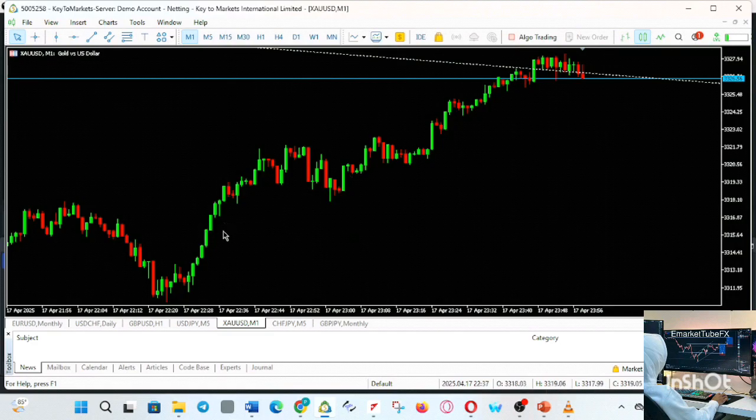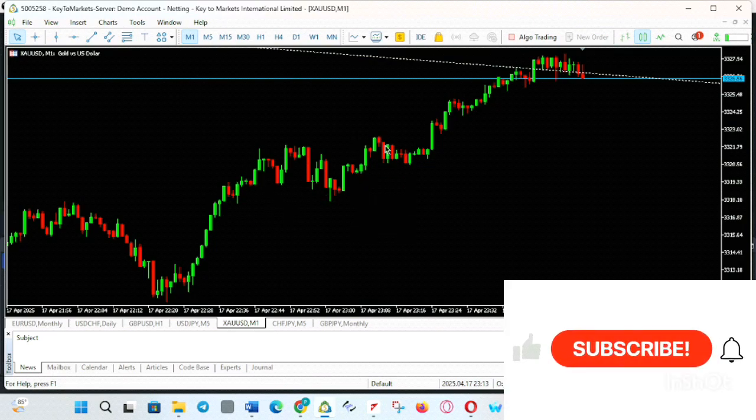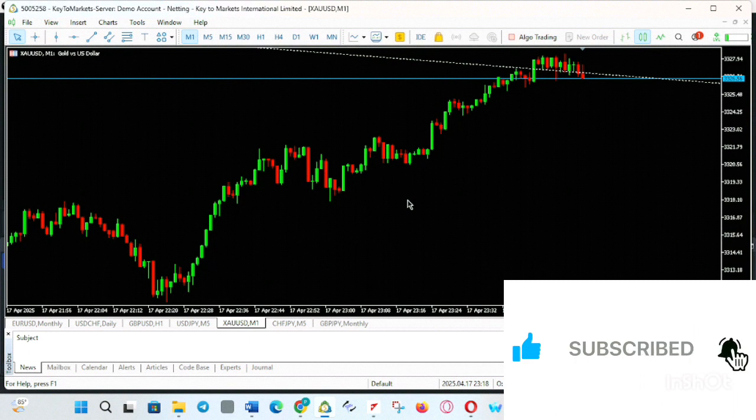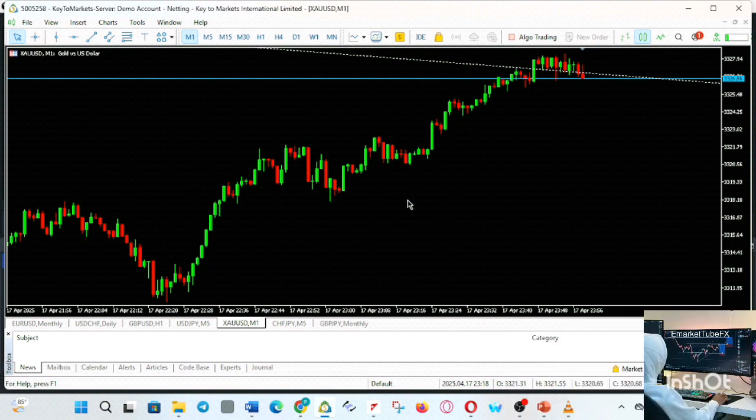So the individual candlestick that you see on the chart uses a minute to form. So after a minute, another candle will form, in that order up to this one.